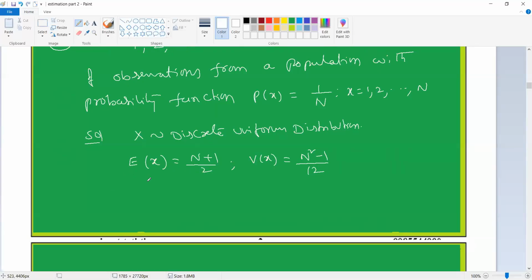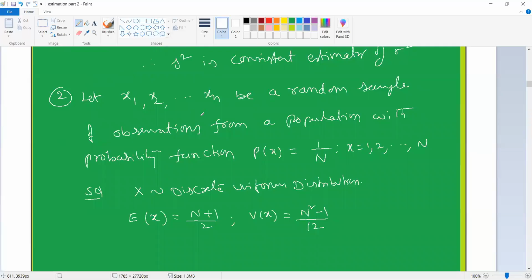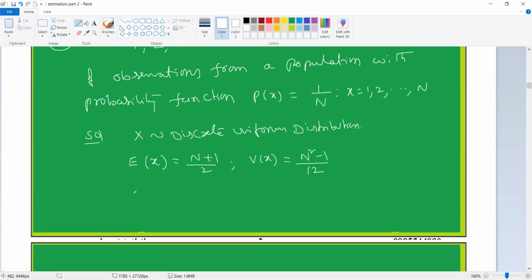These two are very, very important properties of the uniform distribution. From this population, a finite random sample X1, X2, Xn is drawn. So identify a suitable function, that is called a statistic, in general X bar. By thumb rule, E of X is the same as E of X bar, which is (n plus 1) by 2.